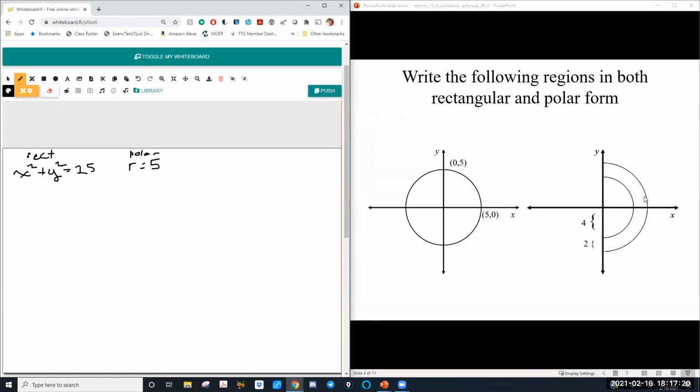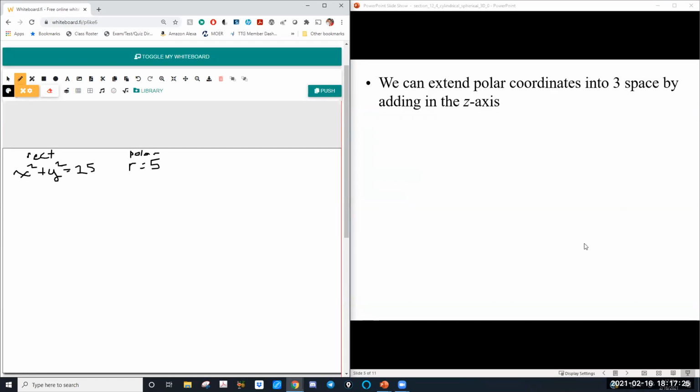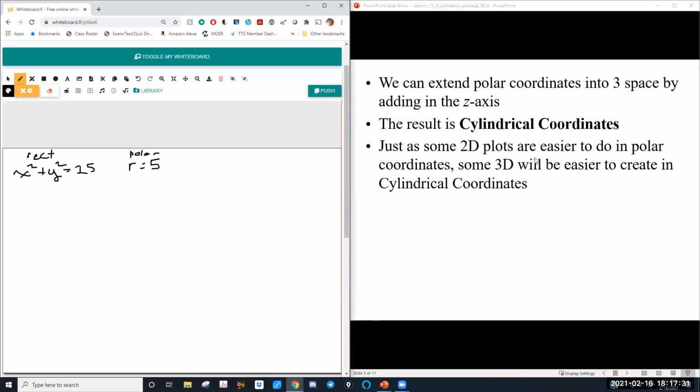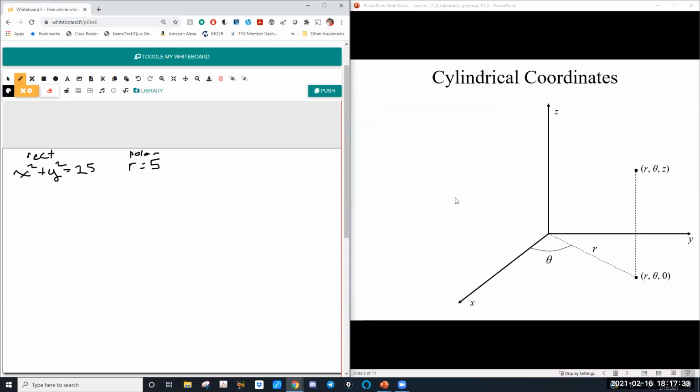So that's why we're doing the other coordinate systems. Now, if we add the z-axis to polar, that's when we get cylindrical coordinates. So cylindrical is basically polar in the xy plane. So there's the r, and there's the theta between the positive x-axis, and then it just shoots up or down along the z-axis.